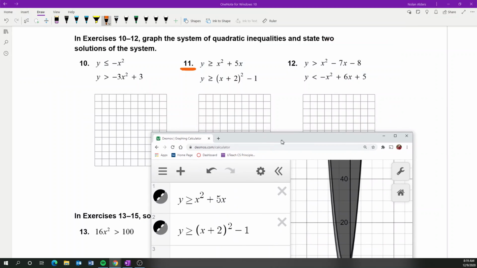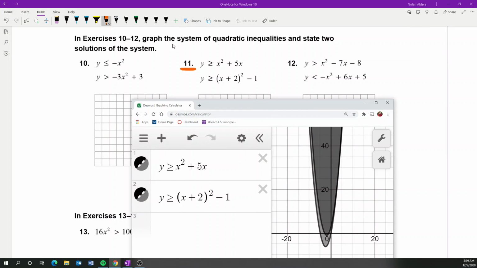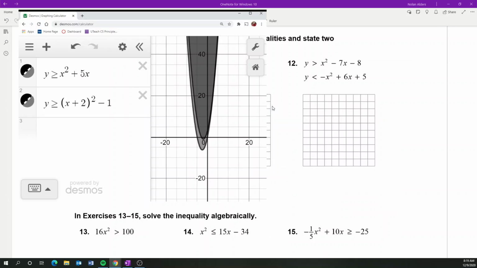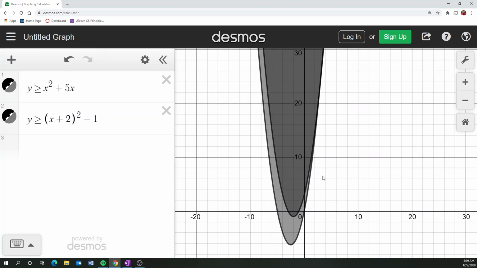Now our question asks us to graph the system of quadratic inequalities and then state two solutions of the system. So those are just 2 points. Two solutions would just be 2 points that are inside the area that's double shaded where the two graphs overlap.